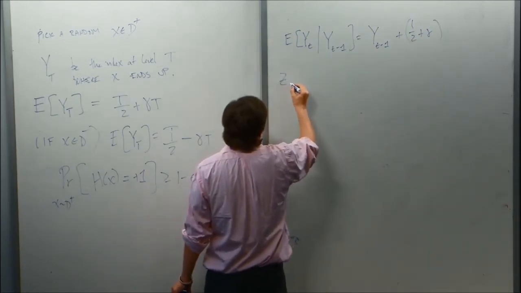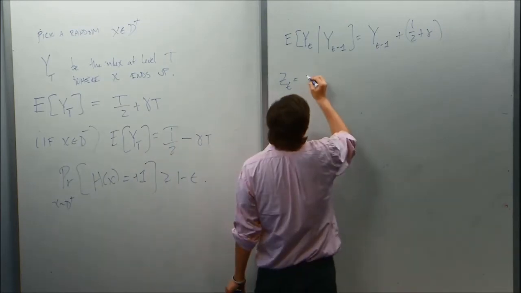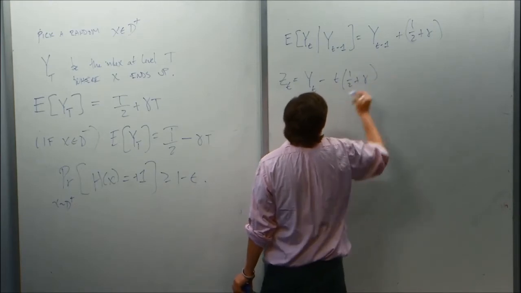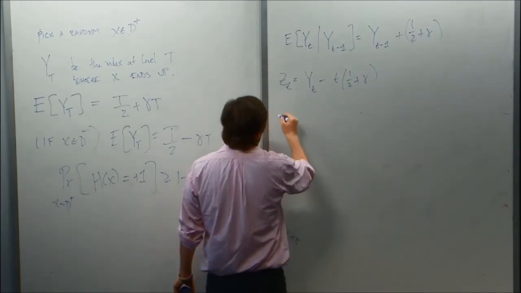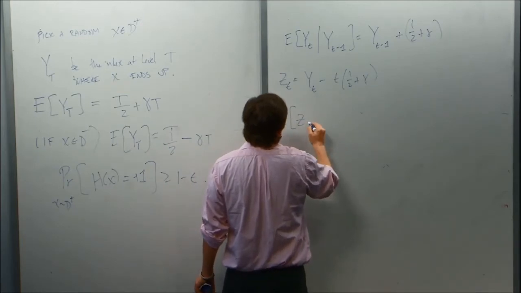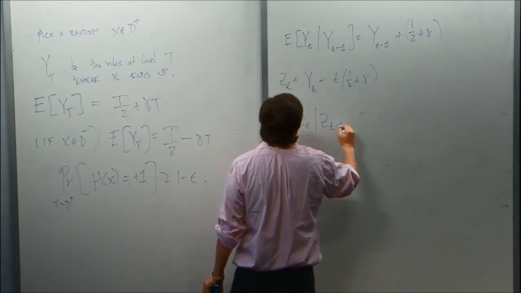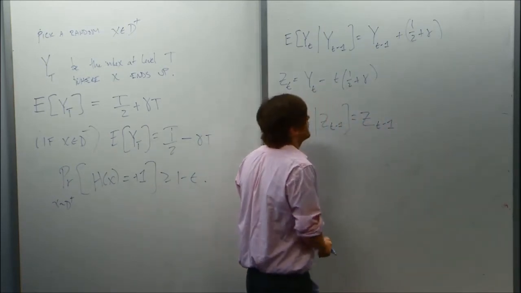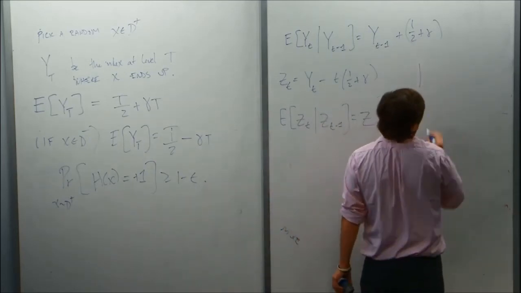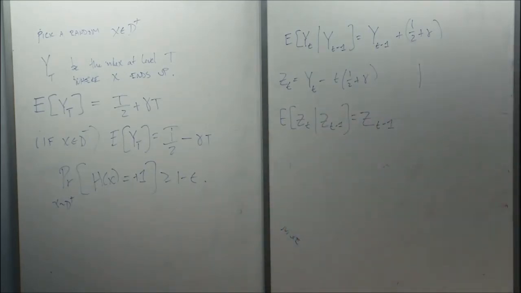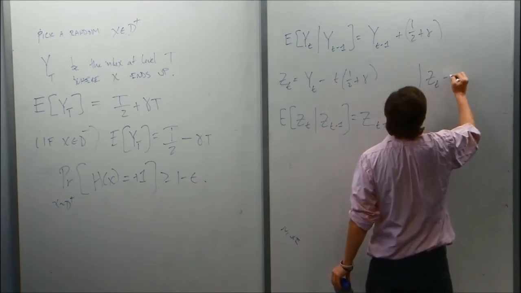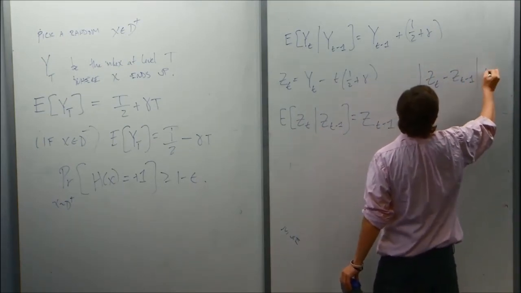So if I create this new random variable z sub t, which equals y sub t minus some offset, you can calculate that the expectation of z sub t given z sub t minus 1 is exactly z sub t minus 1. And furthermore, since you're only moving at most 1 to the right or 1 to the left at every level of the branching program, you have that z sub t minus z sub t minus 1 is at most 1.